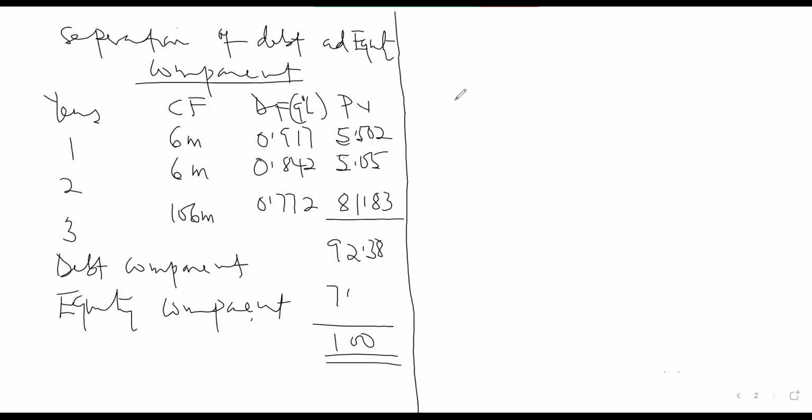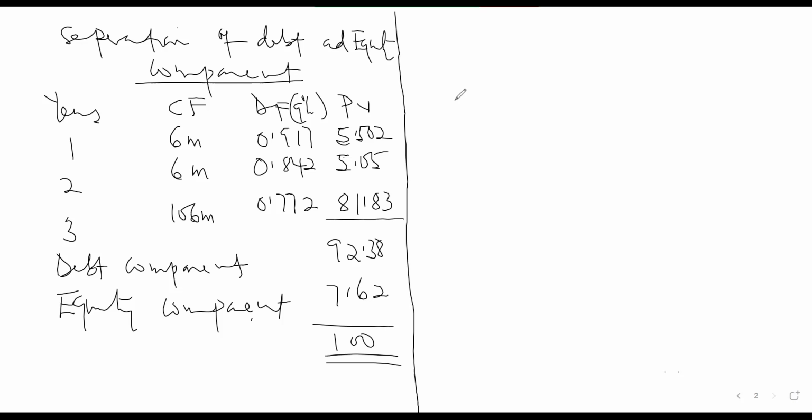Okay. So the present value of the money that we have is 100. So it means that the remaining portion of it will be for the equity. So this is how we go about it.